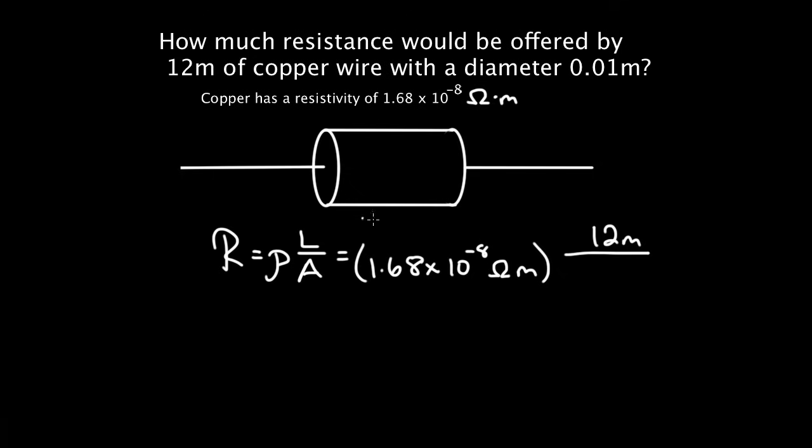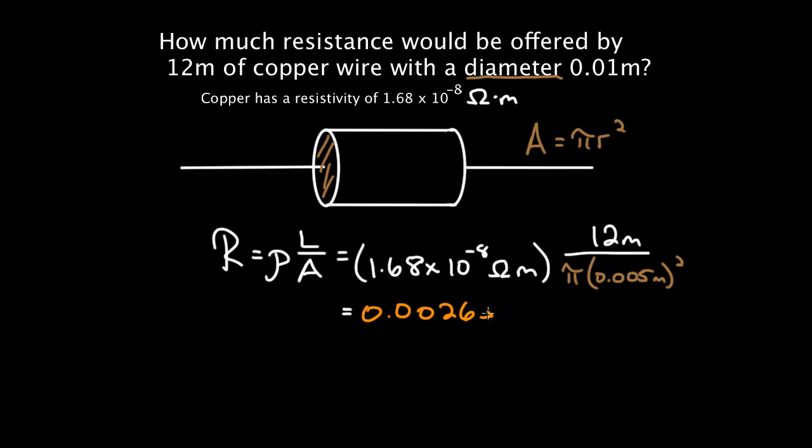What do we do with that? Well, we need the area. Remember the cross-sectional area, and the area of a circle is pi r squared. So the area down here is going to be pi times, not 0.01 squared, that's the diameter. We need the radius. We need to take half of this, so 0.005 meters squared. And if you calculate all this, you get a resistance of 0.0026 ohms.